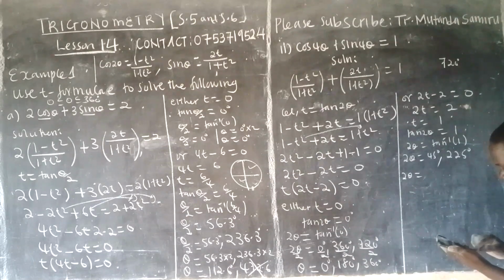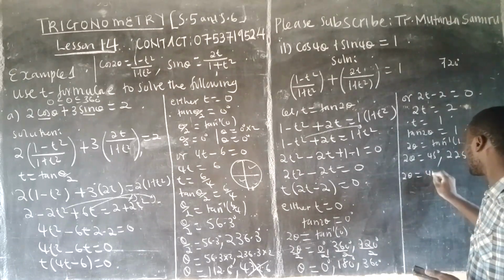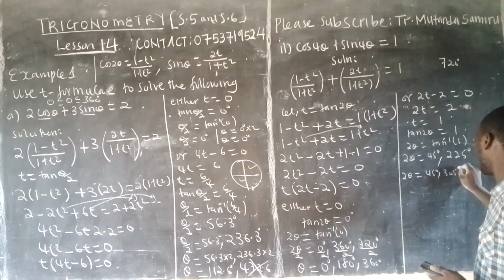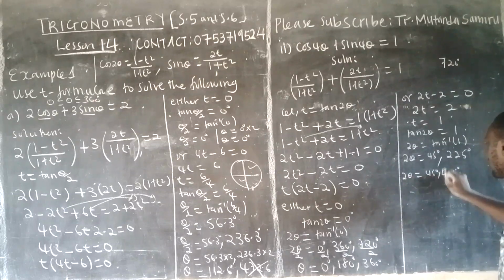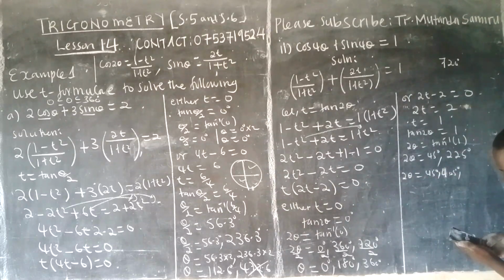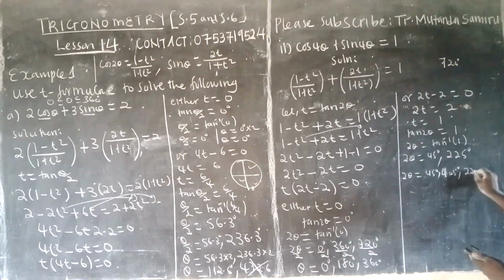Now 45 plus 360 will be 405. 405 plus 360 is 765, which exceeds, so I will not write it. Now 225 plus 360 is 585. Adding more will exceed.